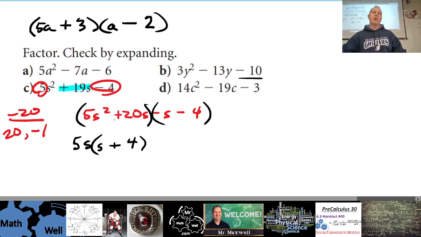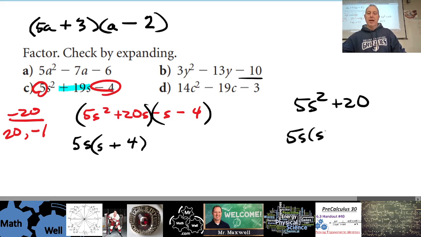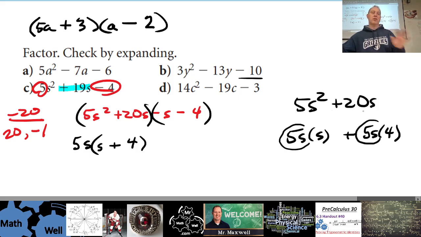So when you pull a common factor out, okay guys, watch this. Sometimes this helps. When I pull a common factor out, I'm saying that this term right here can actually be rewritten as 5s times s, sorry, this is s. And then this term can be written as 5s times 4. You see that? So that we have a common factor of 5s in both of these terms.